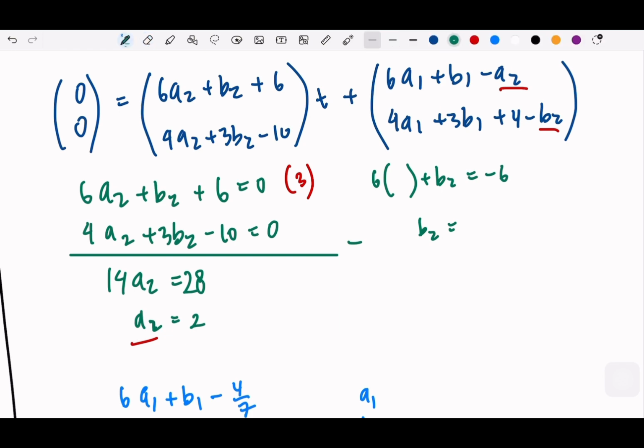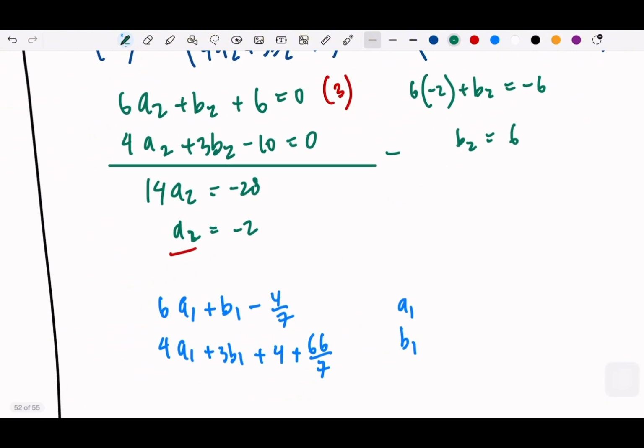Correct. So 6, 2. Oh yeah, right. Here, right? Okay, so this will be negative 12. So B2 will be plus 12 minus 6, which is giving you 6. This is better.